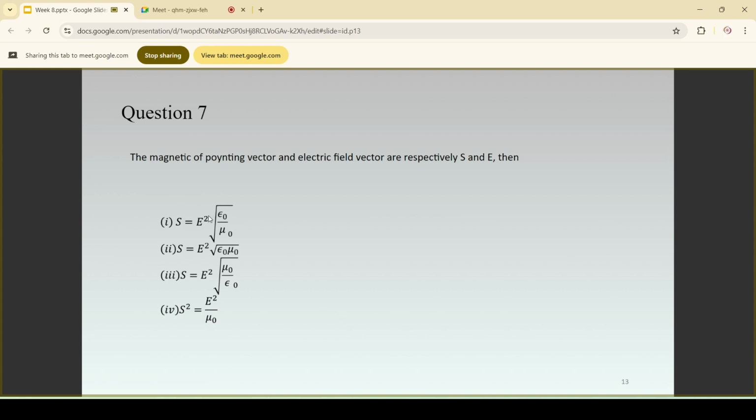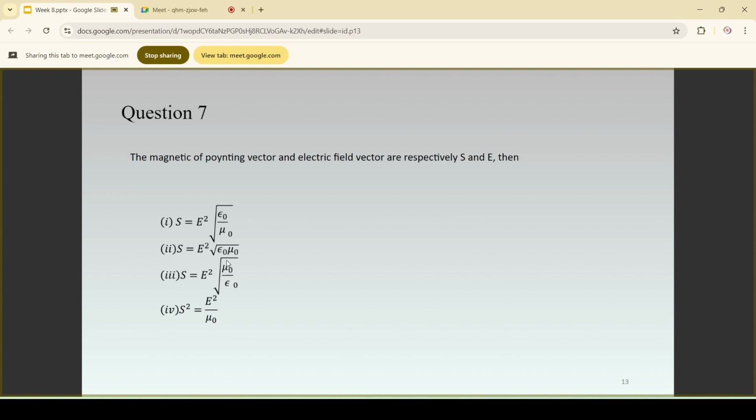Now you can easily see that the first is true, but the others are not true because the ratio is of epsilon naught over mu naught. Okay, so why others are not true?